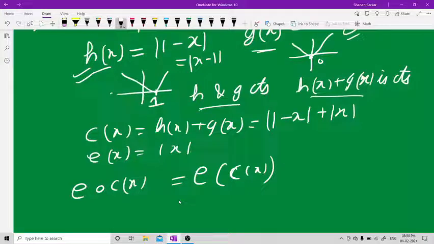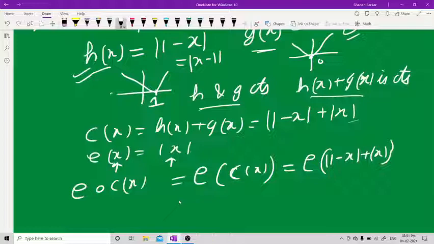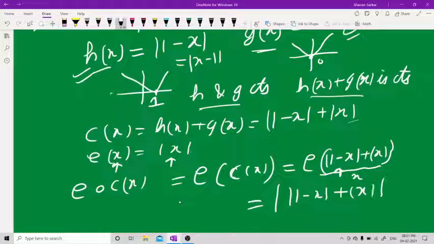What is c(x)? c(x) is this whole thing, so e of mod 1 minus x mod plus mod x. Now, what is e(x)? Mod x. Whatever you write inside has to be put in place of x. So this will give me mod of 1 minus mod x plus mod x. Again, f o g is continuous.